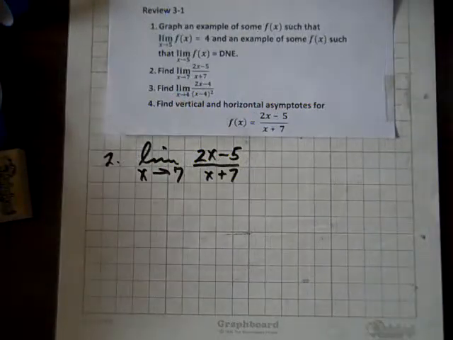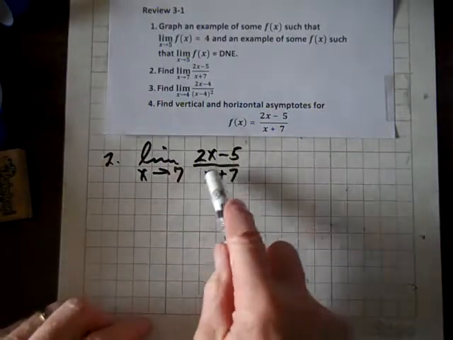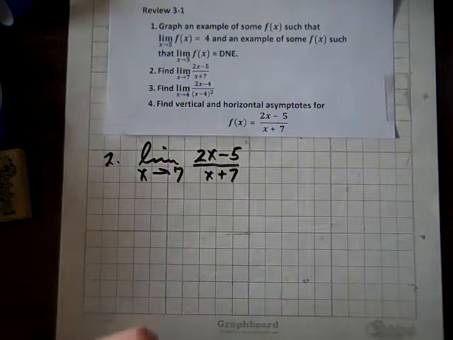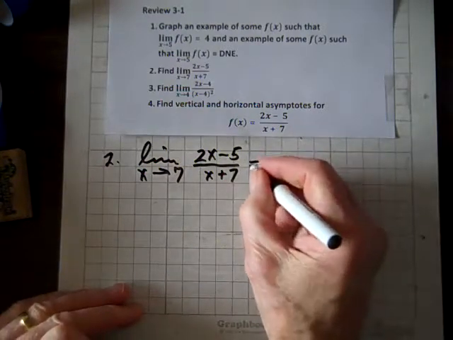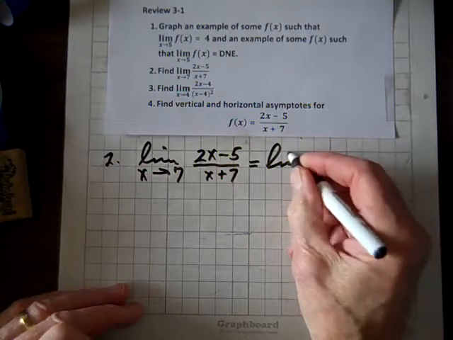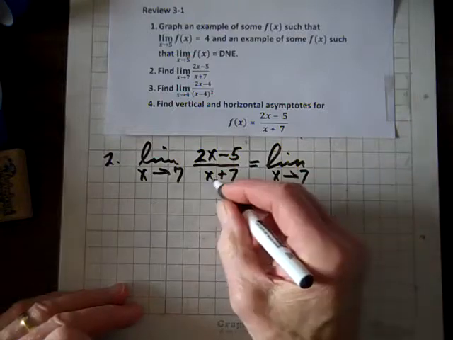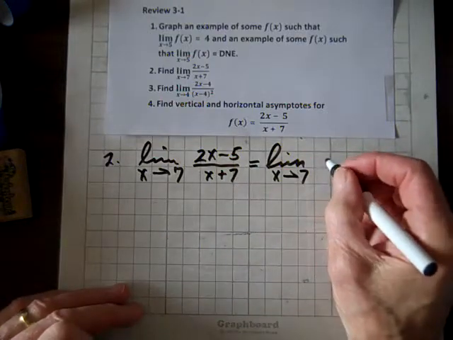For number 2, we have to find the limit as x goes to 7 of (2x minus 5) over (x plus 7). Well, this is very simple. We can just evaluate directly, because if we let x take on the value of 7, the denominator will not go to 0.